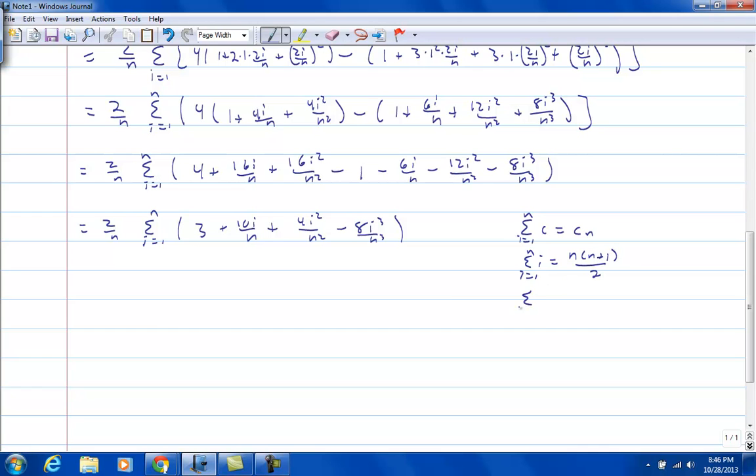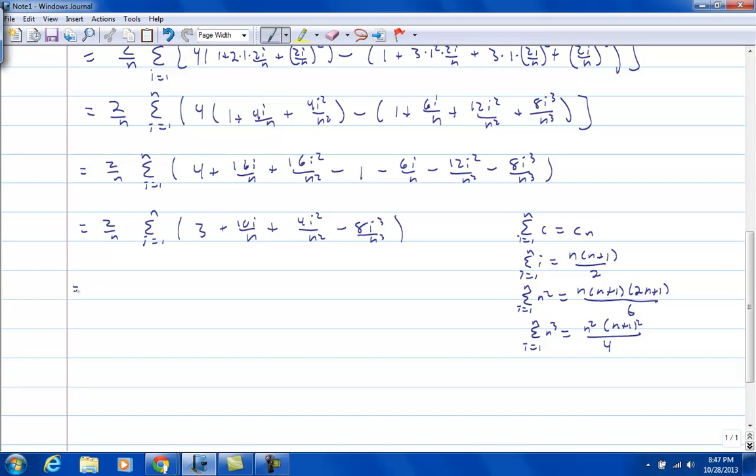The sum of i squared is n times n plus 1 times 2n plus 1 all over 6. And the sum of i cubed is n squared times n plus 1 squared all over 4.